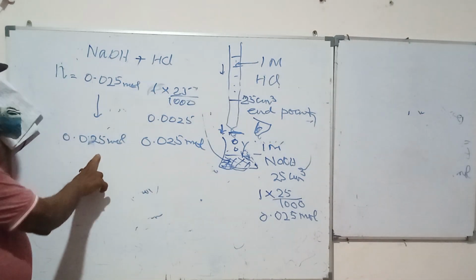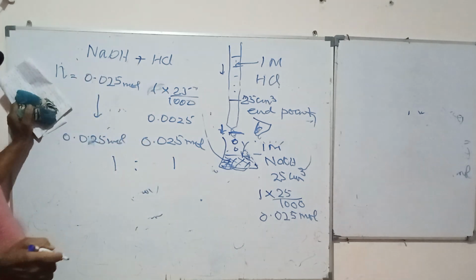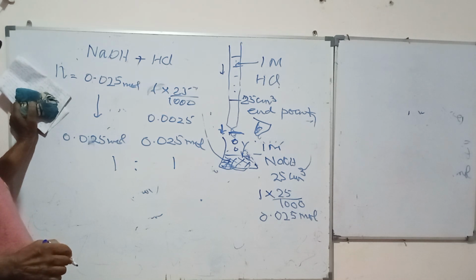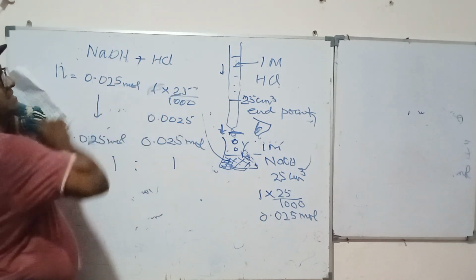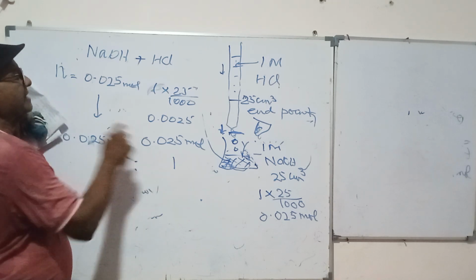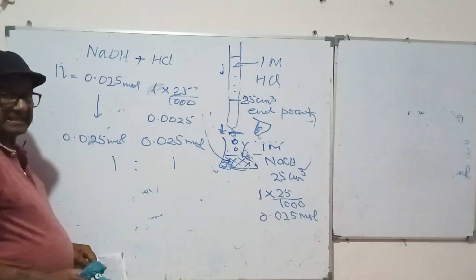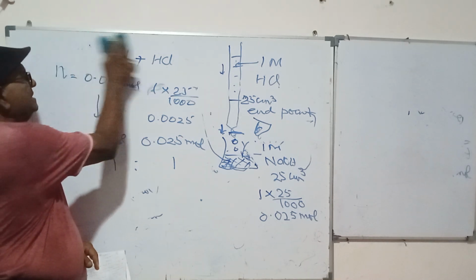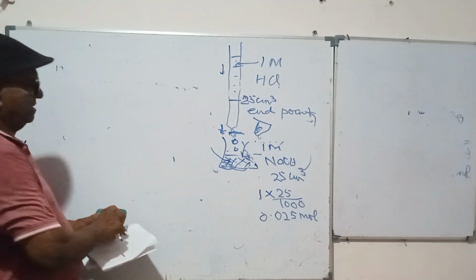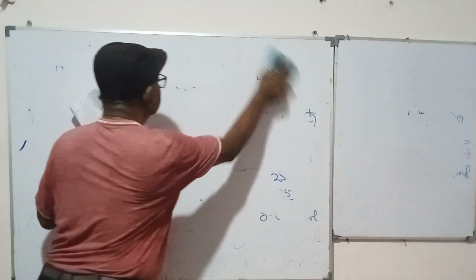Then they react in 1:1 ratio. This is the stoichiometry of the reaction. The titration helps to determine the stoichiometry of the reaction. Then, after the determination of the stoichiometry, we must write the balanced equation.